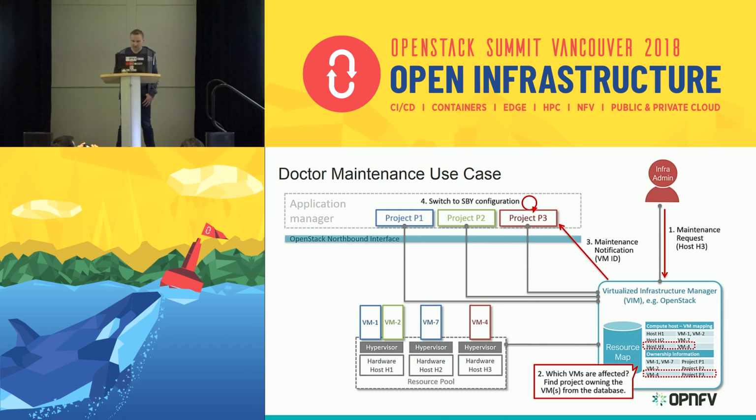And finally, he would then get the instructions back that the VM could be migrated, because he cannot do that himself because he's not an admin. So that's the use case behind what we are soon going to see here.